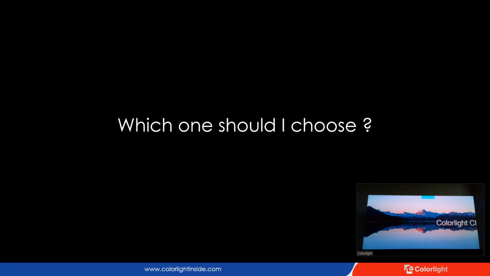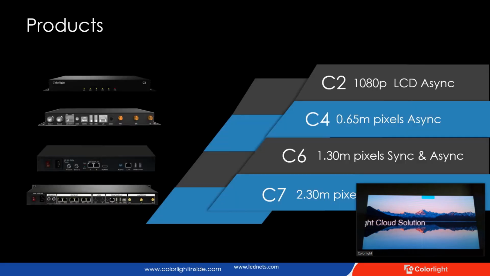So, which one should I choose? It depends on the type of the screen and the size of the screen. For example, if it is LCD, then we recommend the C2. And if it is a small LED screen, then we recommend the C4.